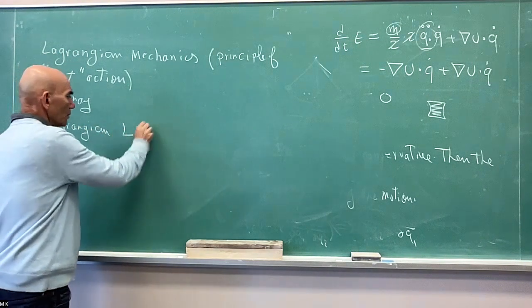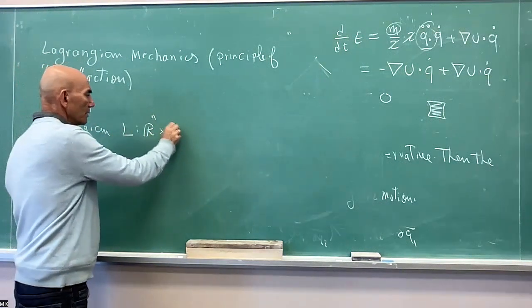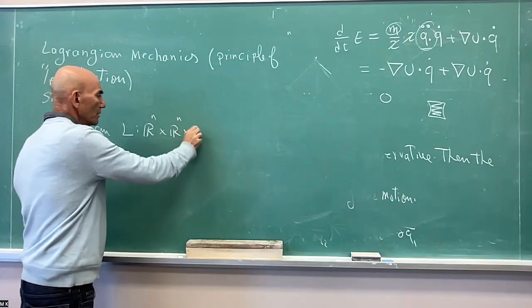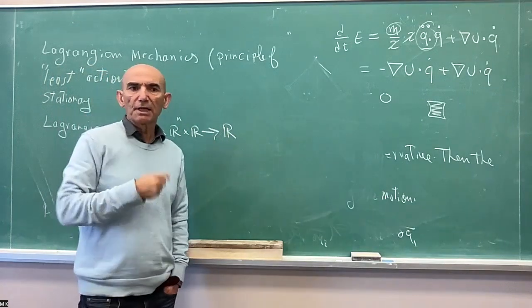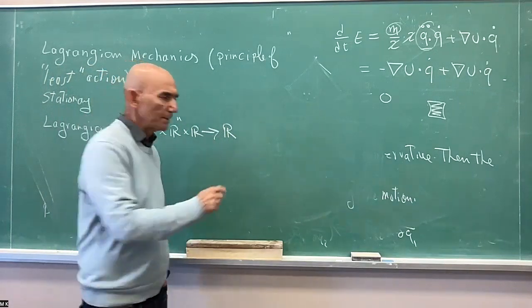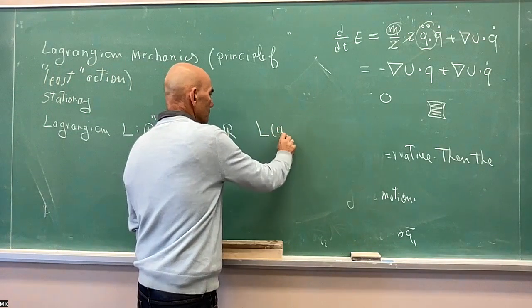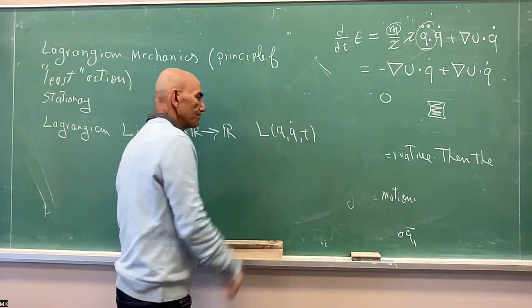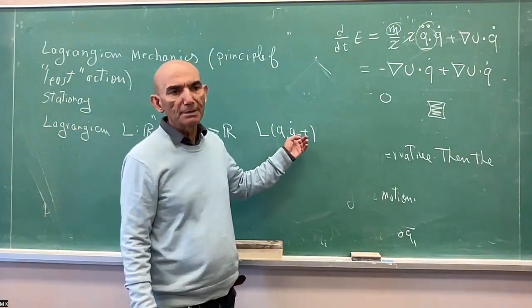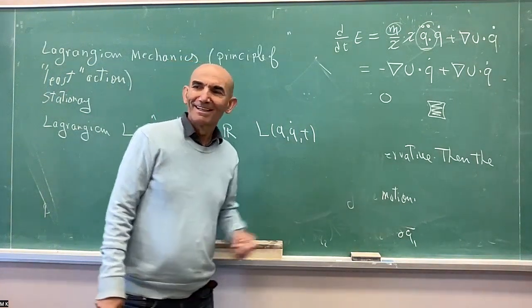L goes from Rn cross Rn cross R to R. And typically we just write it as L of q, q dot, and t. This q dot is an independent variable.